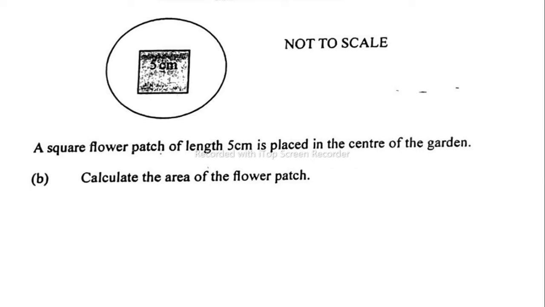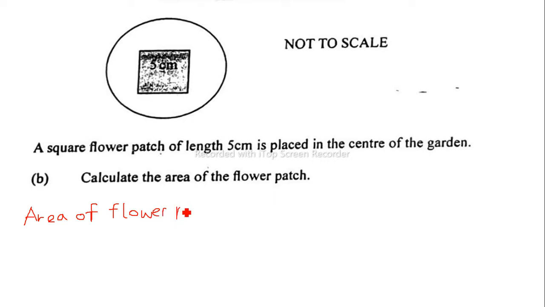So we have to use the area of a square. What is the area of a square? Length times width. Very good. But the good thing about a square, the length and the width is what?